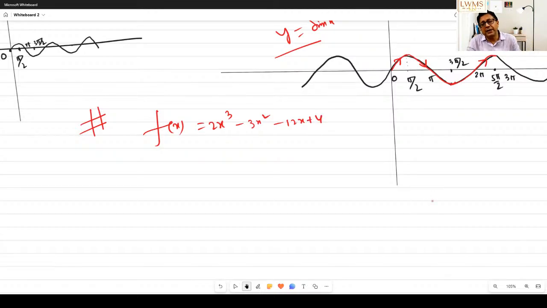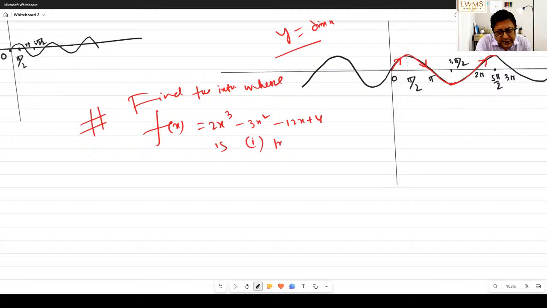The question is find the interval in which this function is increasing or decreasing. Find the interval where this function is, number 1, increasing and number 2, decreasing. Let me do it in detail.